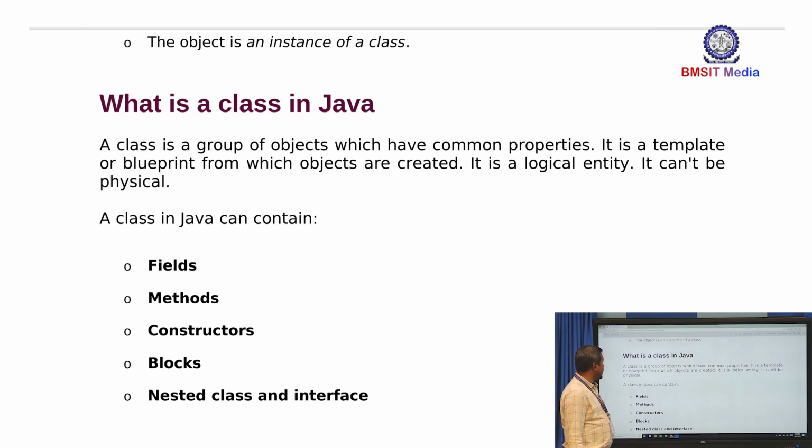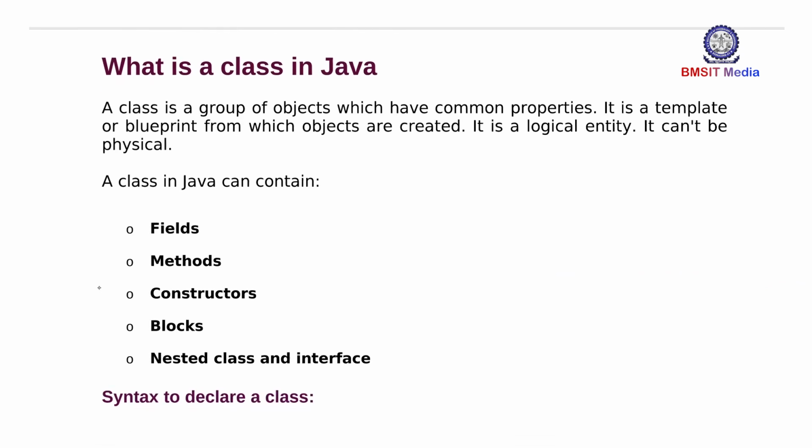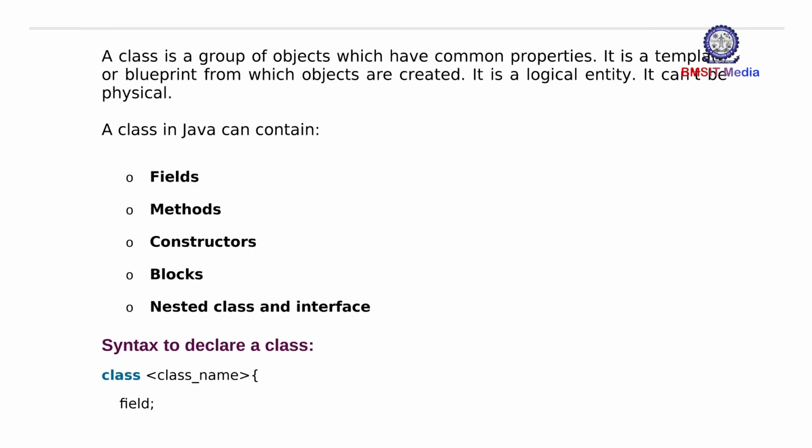What are the different things a class can contain in Java? It can contain fields, methods, constructors, blocks, and nested classes and interfaces.